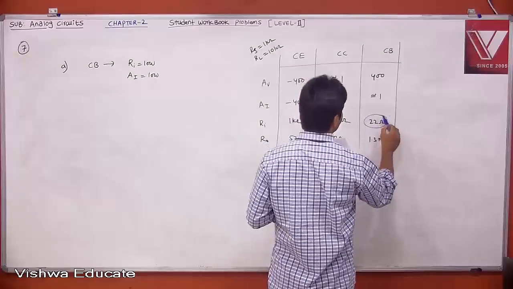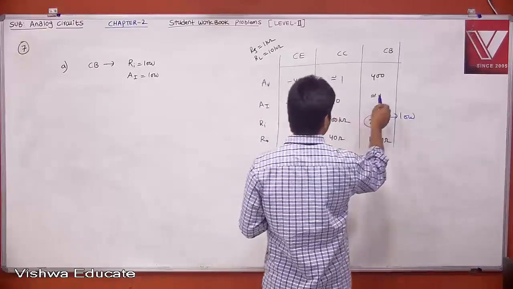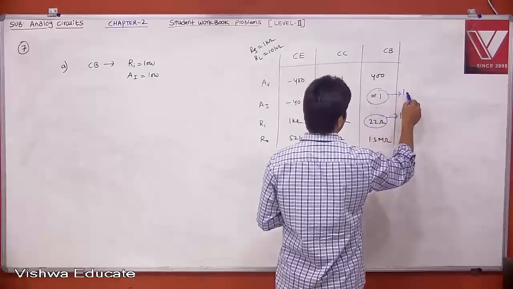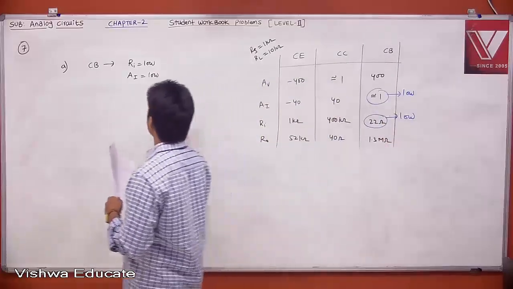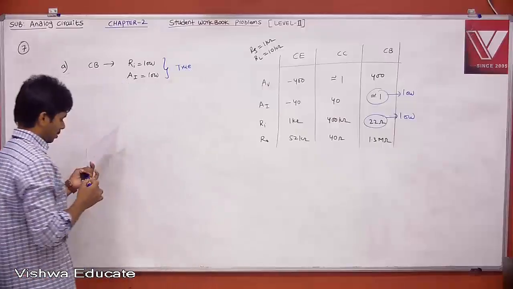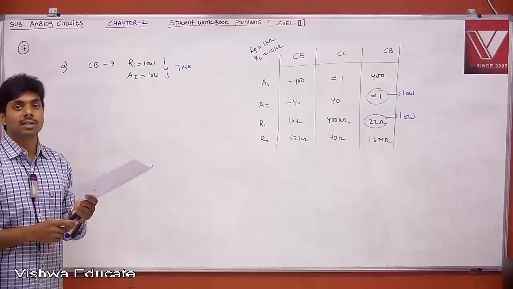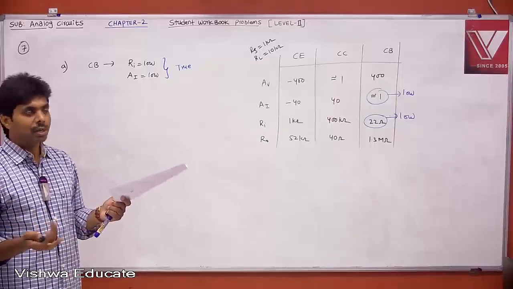Yes, this is low. And current gain low. Yes, this is unity, therefore this is also low. Therefore, can I say option A is true? Yes, this is true. But remember, he says which of the following statements are correct. Therefore, you can have multiple options.